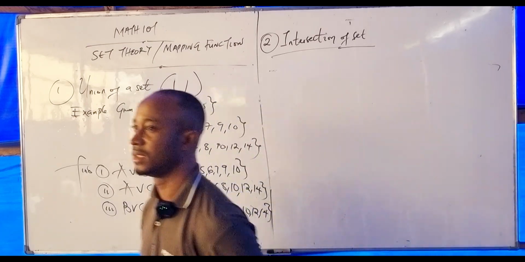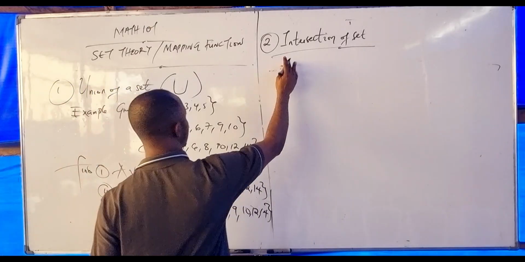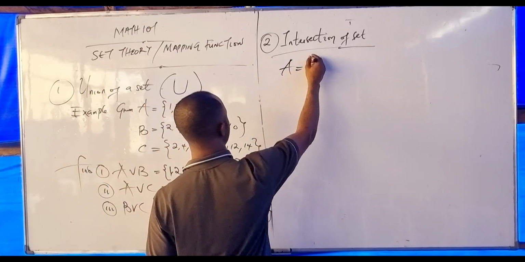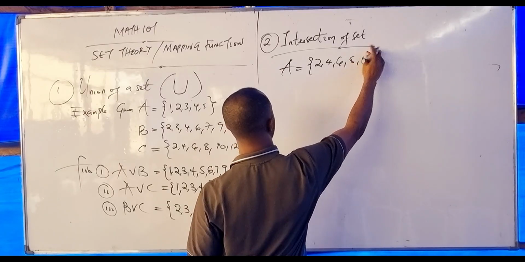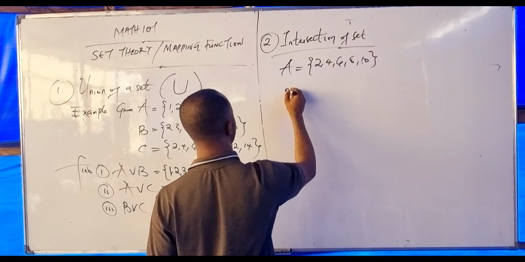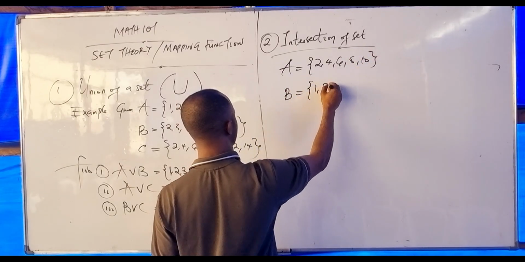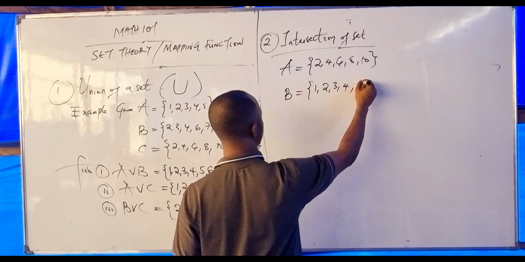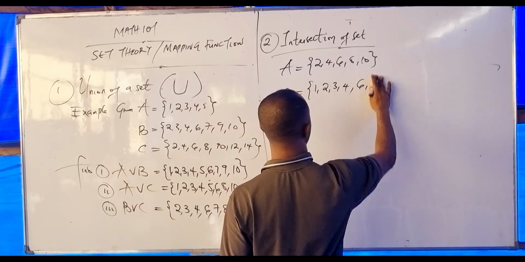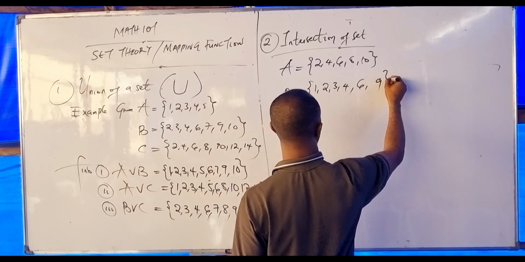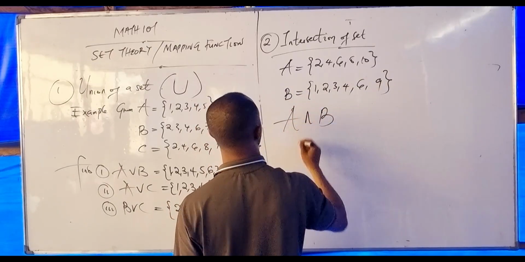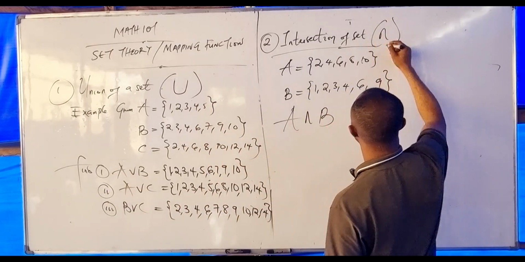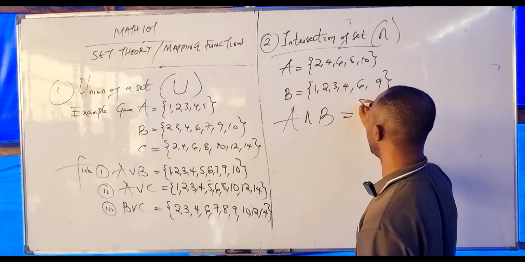Are you there? So for example, if I have set A equals 2, 4, 6, 8, and 10, and set B we have 1, 2, 3, 4, 6, and 9, and we also find A intersection B. The symbol for intersection is ∩. Now, between A and B, what is common?